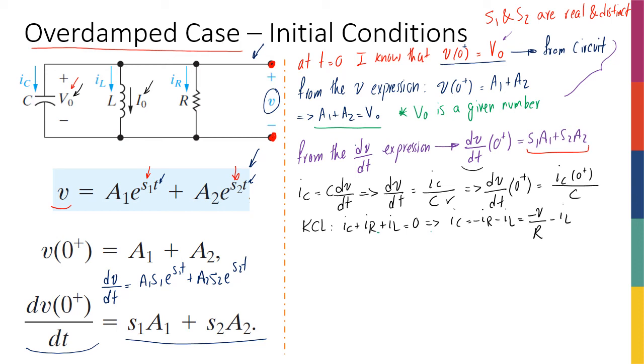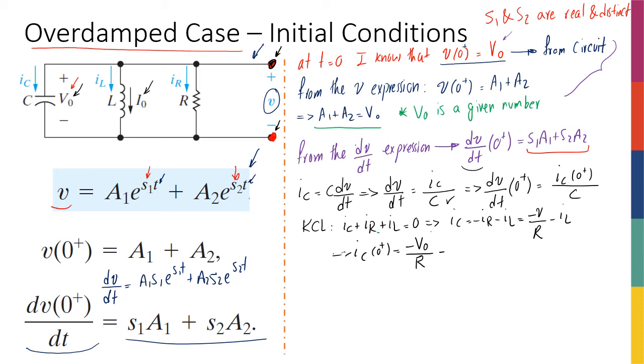Now, if I want IC at 0 plus, I can say this is V at 0 plus, and I know the voltage at time 0 because that's the initial voltage of the capacitor. The voltage across this node and this node is the voltage across the capacitor. So this is going to be negative V0 over R, which is a known value. And how about the initial current of the inductor?